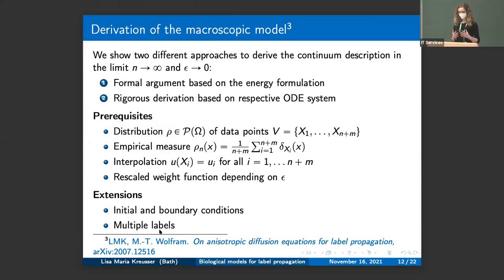What is very important for looking at the associated limits is to come up with an appropriate distribution rho of the density of the data points.